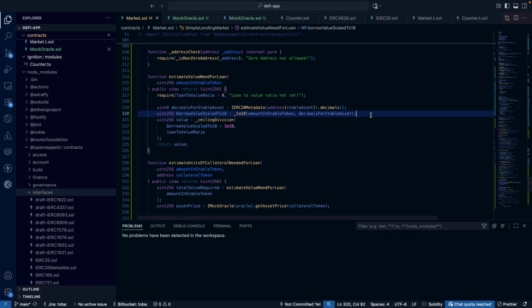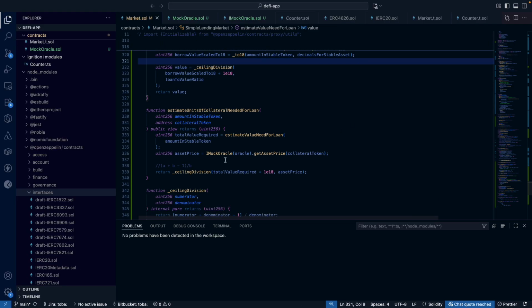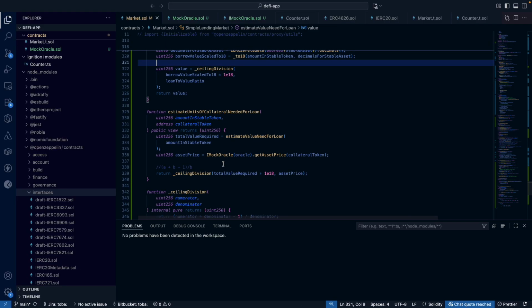Okay, now that we've done that, we need to do the same here again. So looking at the estimate units of collateral needed for loan, we need to also handle any scenario where we know that internally this already scaled this. So we need to estimate the units of token of collateral needed for loan.